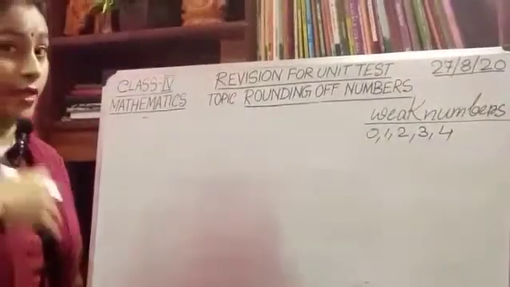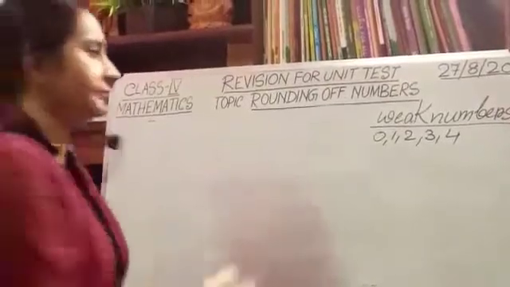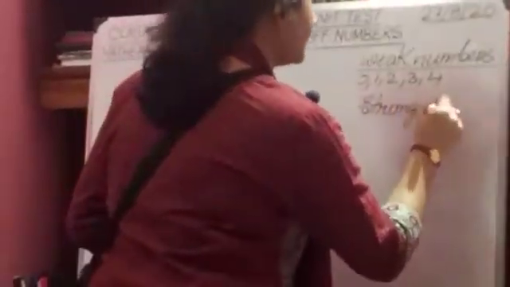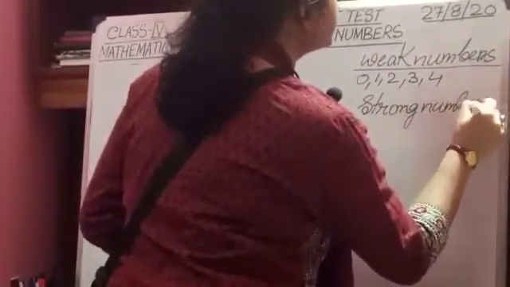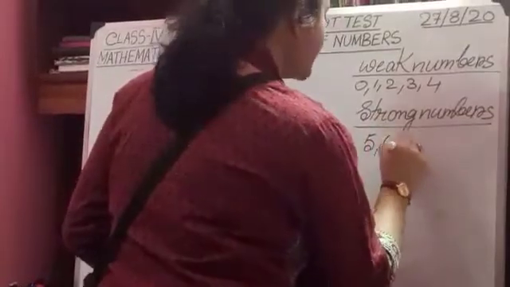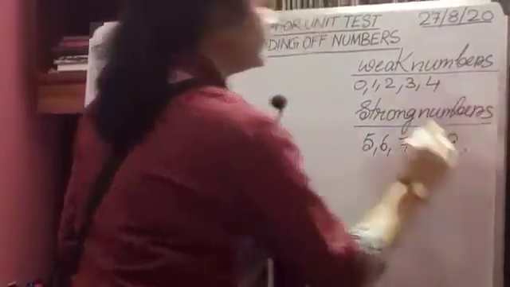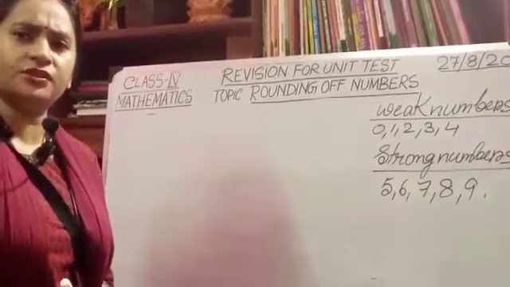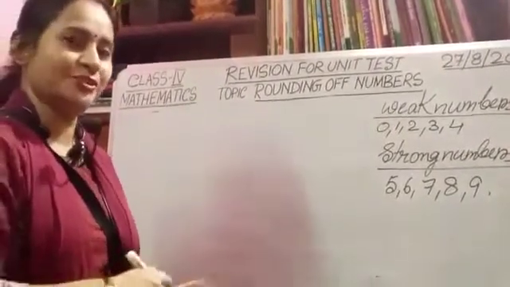Right? And who are the strong numbers, children? The strong numbers are 5, 6, 7, 8 and 9. Now, why am I talking about weak and strong numbers, children? I'll tell you. Just keep watching.